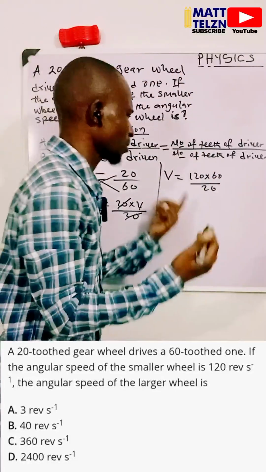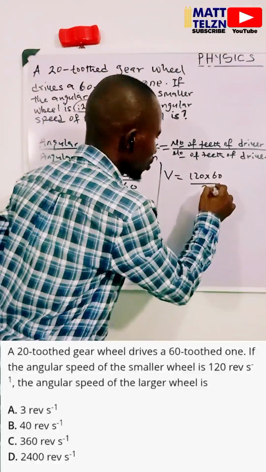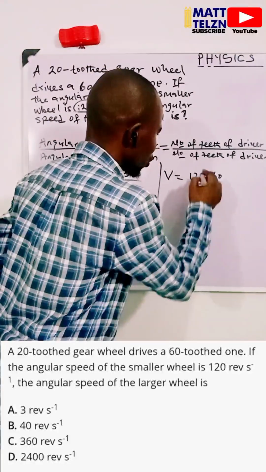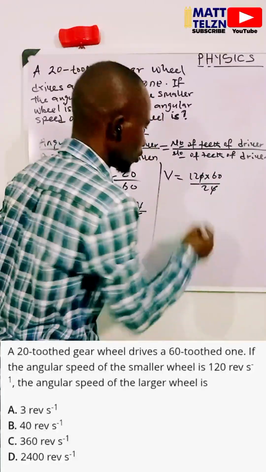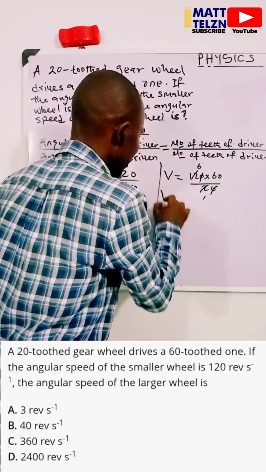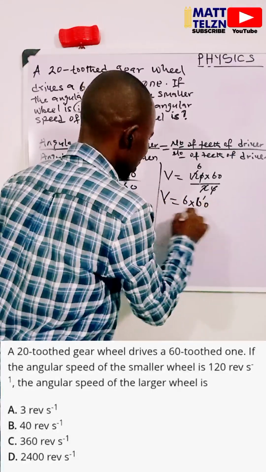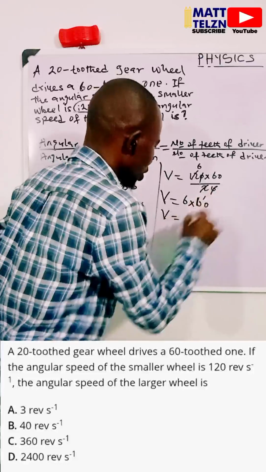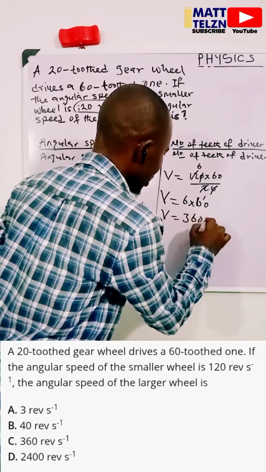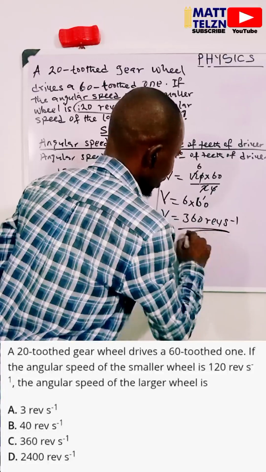I can perform simple cancellation here, I don't need a calculator. 120 divided by 20 gives 6. So V equals 6 times 60. So my V is equal to 360 revolutions per second.